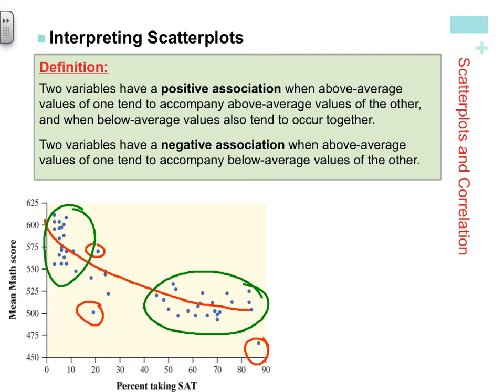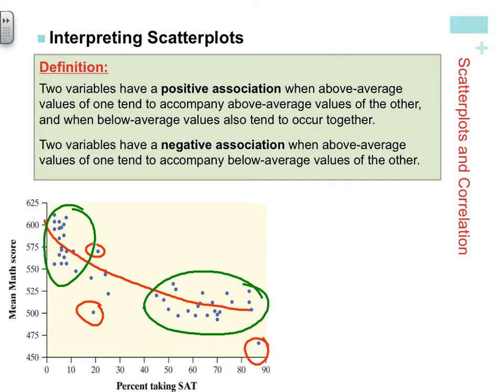If we wanted to talk about what that might mean: there are two widely used college entrance exams, the SAT and the ACT. Each state usually favors one over the other. The ACT states cluster at the left and the SAT at the right.